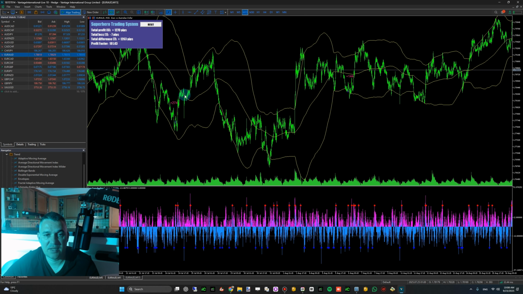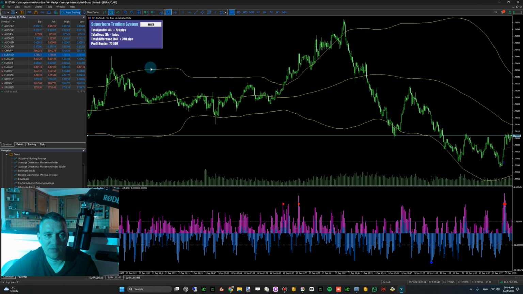But M15 is more interesting for trading, and of course you need to understand that this is multi-currency trading. I'm showing it only on one currency pair, but you should realize that this will work, say, on 20 currency pairs. So accordingly, 1,200 multiplied by 20 is how it should work for us. And that will be pure profit.